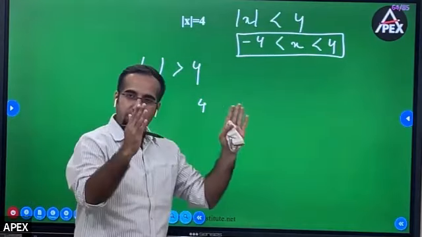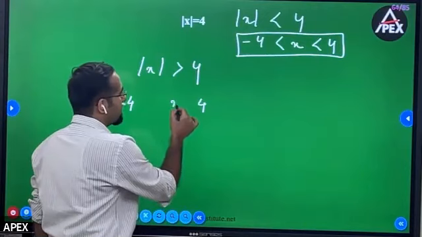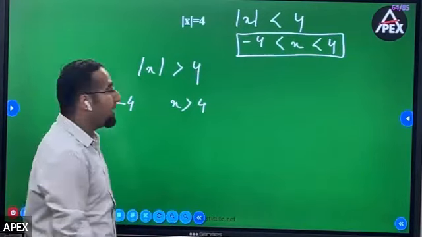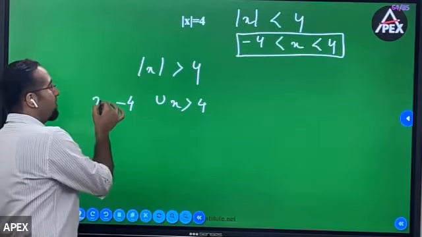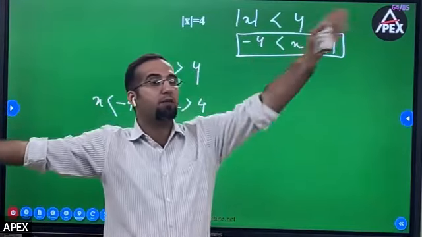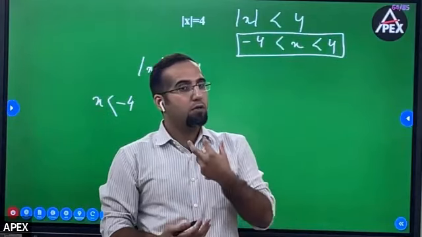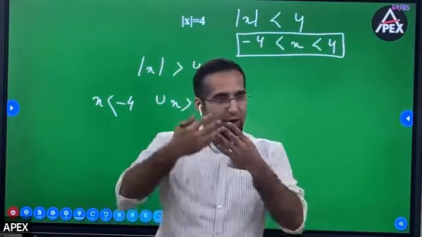Now understand the definition of modulus. We have to go beyond 4. So any value of x greater than 4 will satisfy, union any value of x less than minus 4 will satisfy. So greater than 4 will satisfy, less than minus 4 will also satisfy. So this is how you solve it logically.